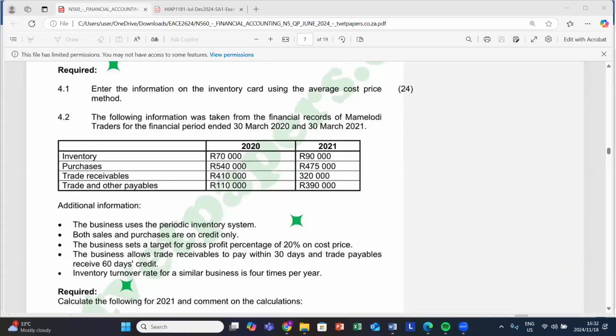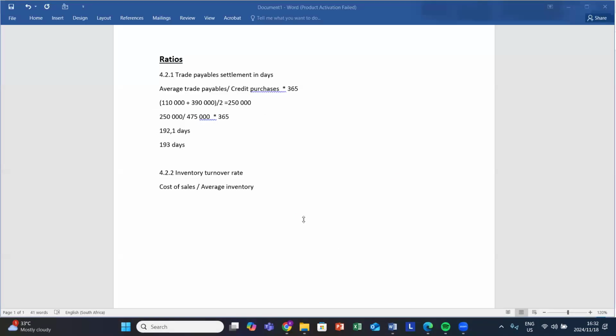So let's go. 455,000. And then we're going to divide it by what? We are going to divide it by our average inventory.